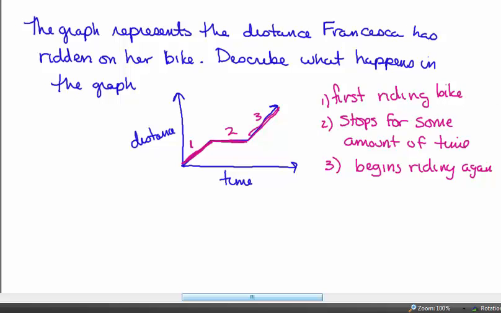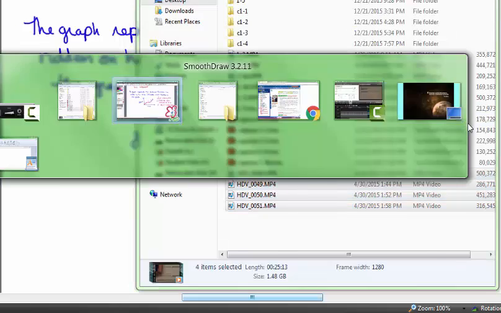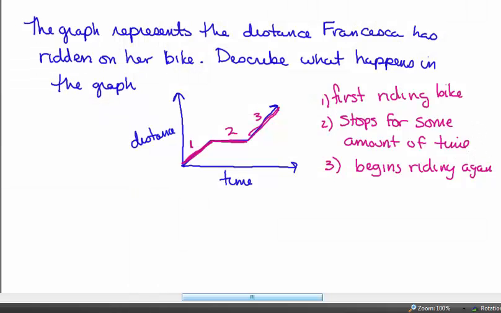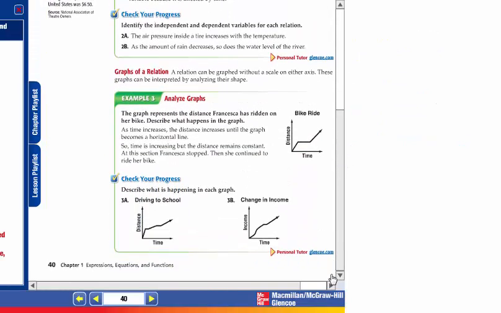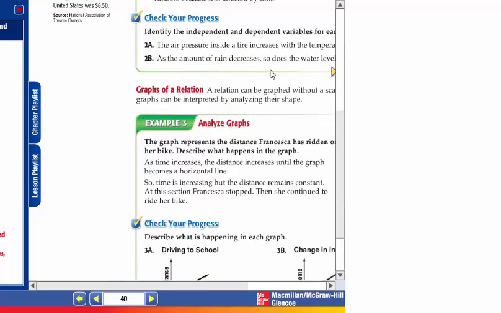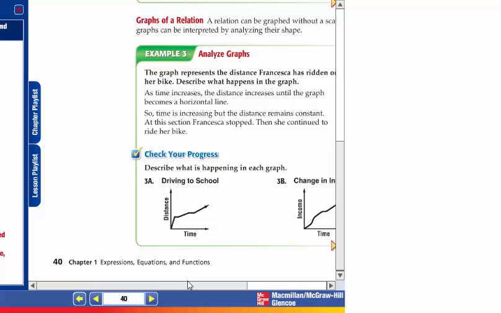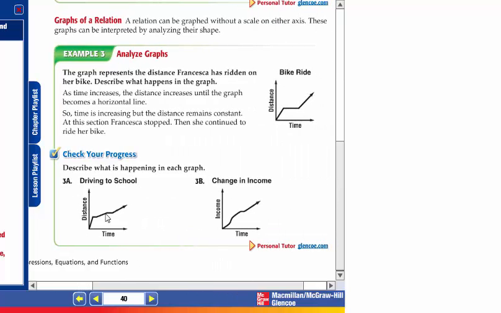So let's look at the other 2 examples in the book. Oh, that's not the book. Here's the book. We have driving to school. And let me enlarge this a bit. So what is happening during this graph?